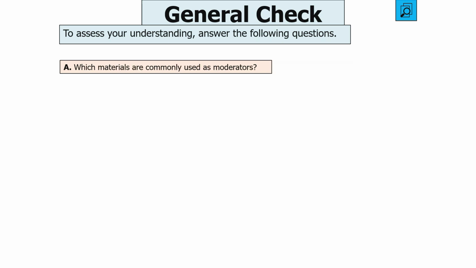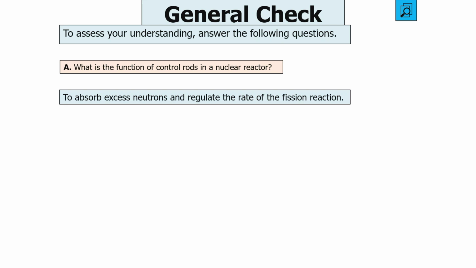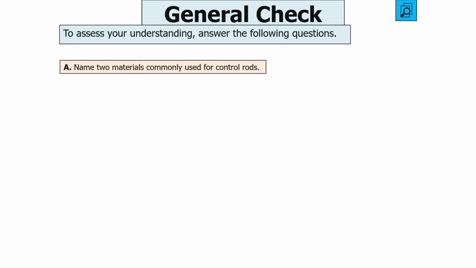Which materials are commonly used as moderators? Graphite and heavy water. What is the function of control rods in a nuclear reactor? It is to absorb excess neutrons and to regulate the rate of fission reaction. Name two materials commonly used for control rods.